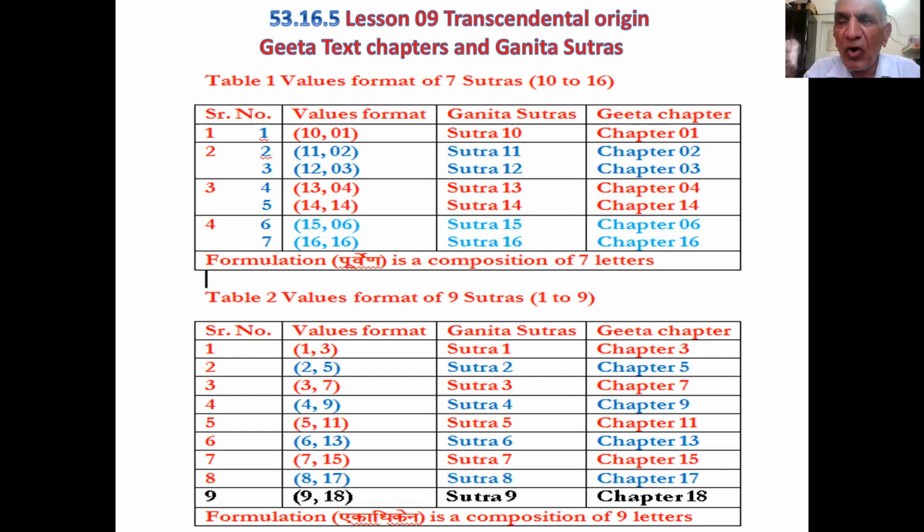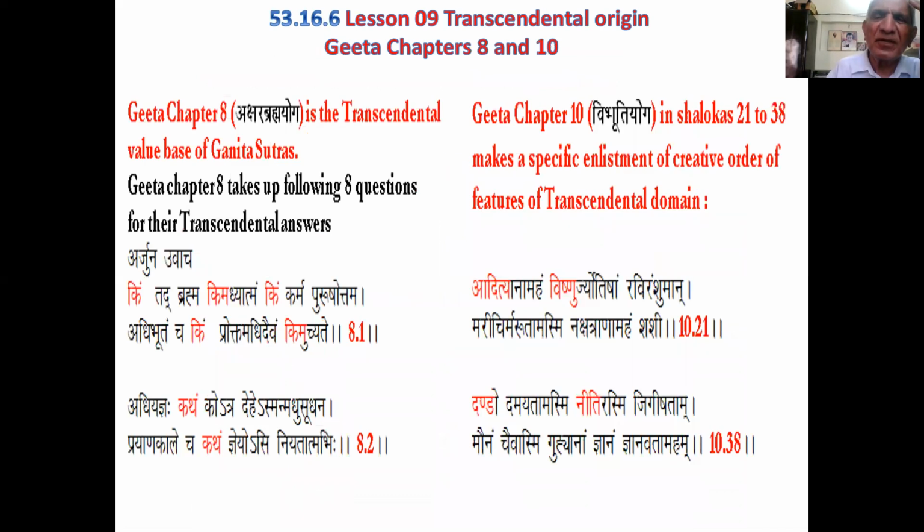So this being the format along which the correlation is manifesting, these two values, namely 8 and 10, and parallel to them, chapter 8 and chapter 10 of Srimad Bhagavad Gita, take us to the base of this correlation, base of the mathematical domain of sutras, and base of the spiritual values of the yoga disciplines. Chapter 8 is Akshar Brahma Yoga, while chapter 10 is Vibhuti Yoga.